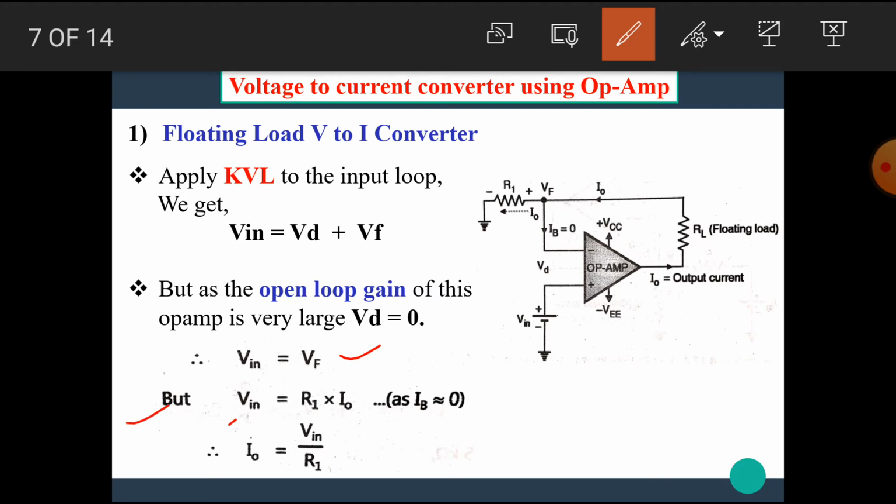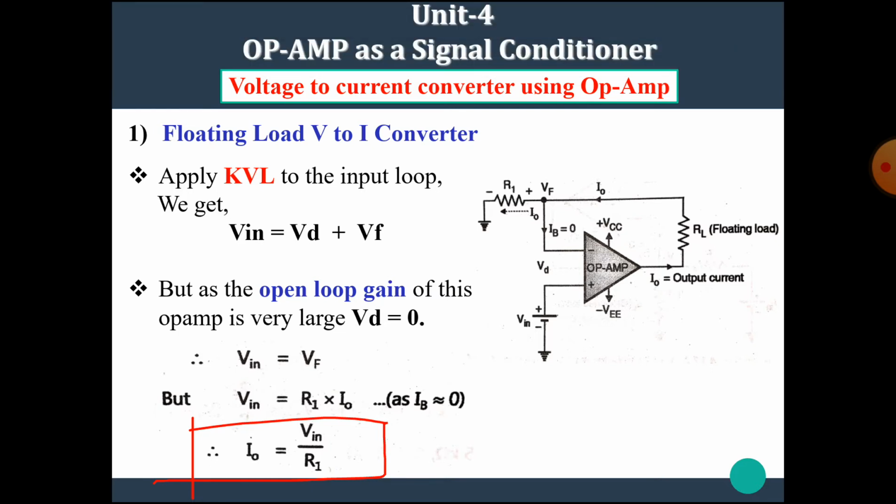But Vin is equal to R1 into I0, where I0 is the output current. Therefore, we can write I0, that means output current, is equal to Vin upon R1. This is our required equation, and this is the required output current. I hope you all understand this expression.